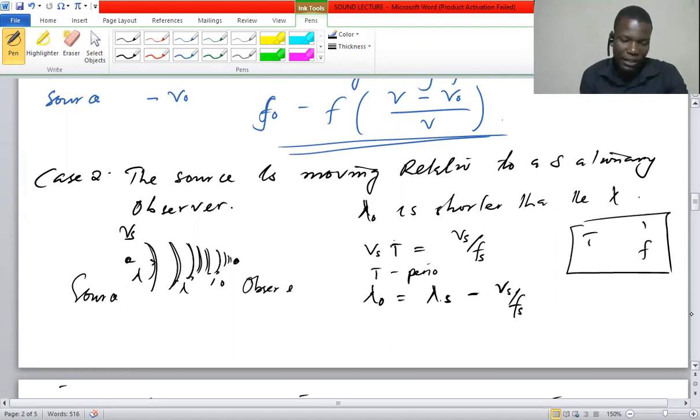Now we have the frequency that is going to be detected by the observer.